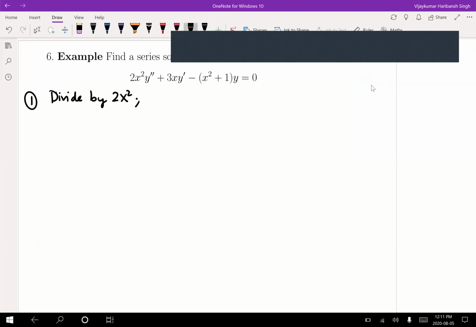This gives me y double prime plus 3 by 2 times y prime by x, plus minus 1 by 2 times (1 plus x squared) divided by x squared, times y equals 0.